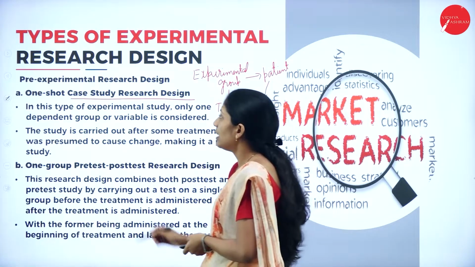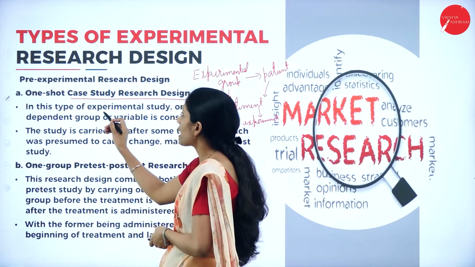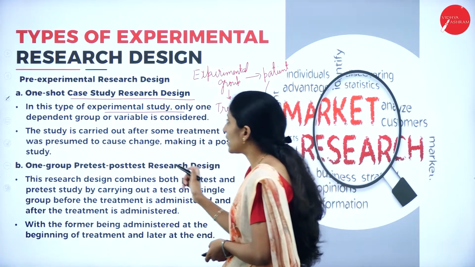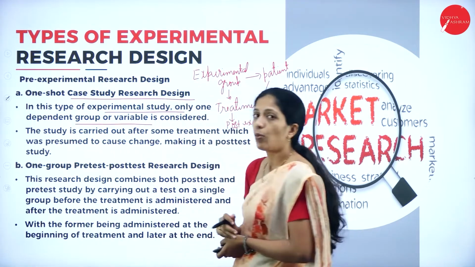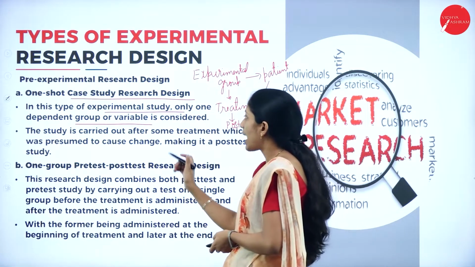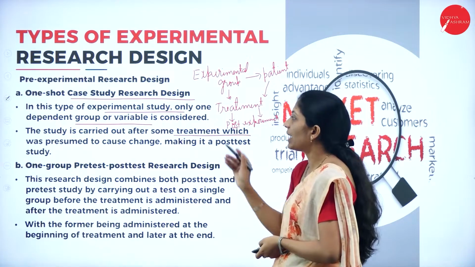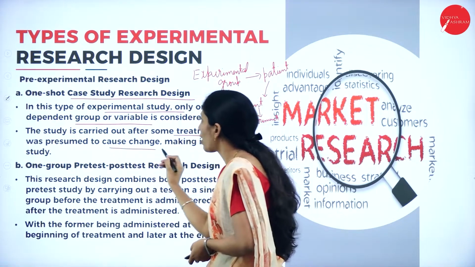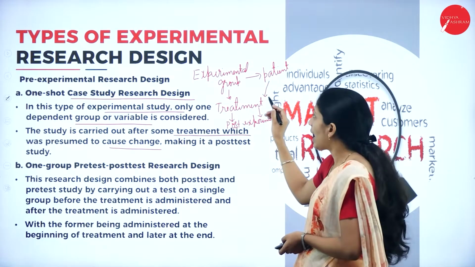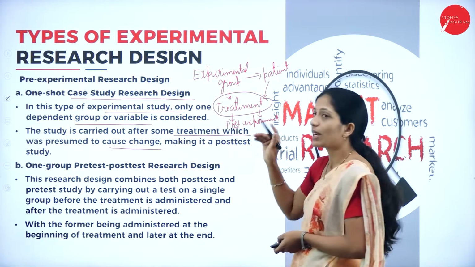So let us see the explanation here. In this type of experimental study, only one dependent group or variable is considered. Now the one dependent variable is the patient here. The study is carried out after some treatment which was presumed to cause change. Now, this patient is having the pain and a treatment is given to reduce the pain.